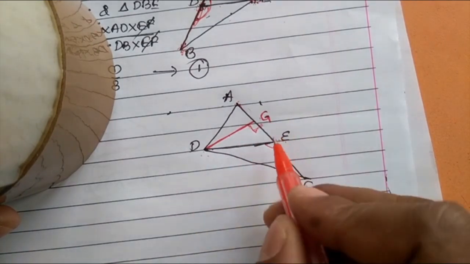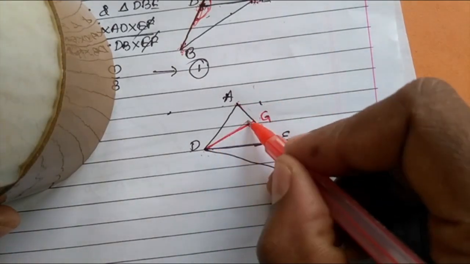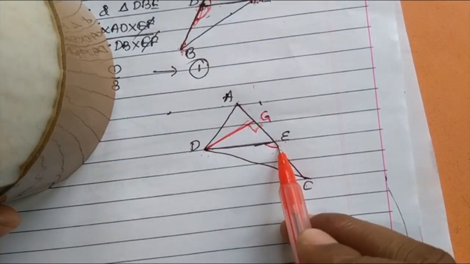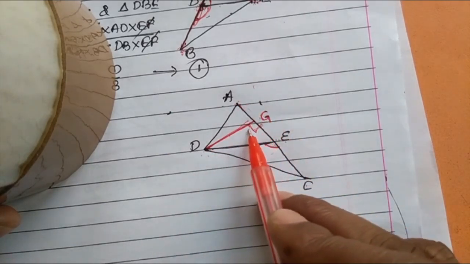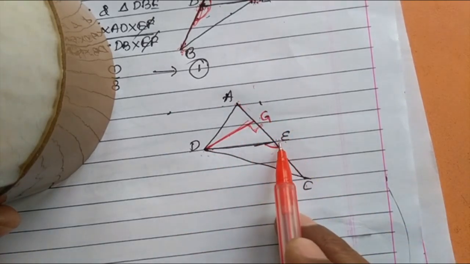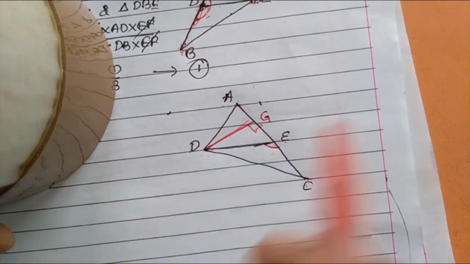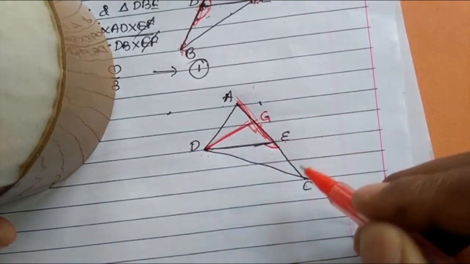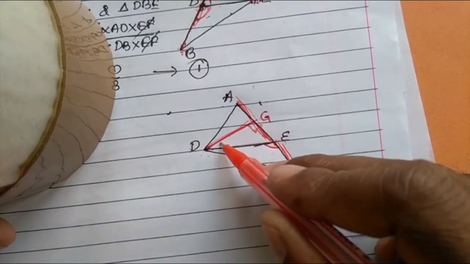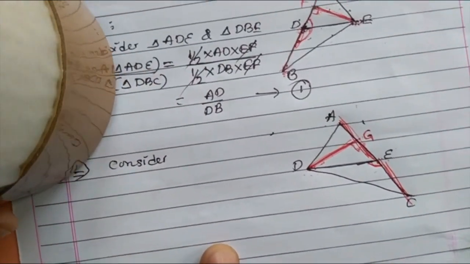DCE is an obtuse angle triangle, therefore the height comes out of the triangle, that is DG itself. In ADE, AE base, DG height. In DCE, EC base, height DG itself. So from this side, AE base, this is height. EC base, height is the same because it is an obtuse angle triangle.